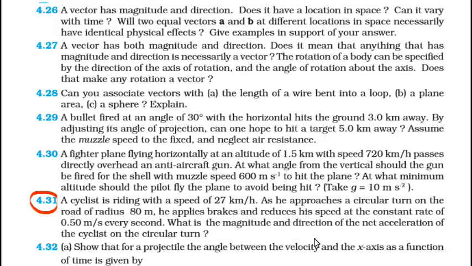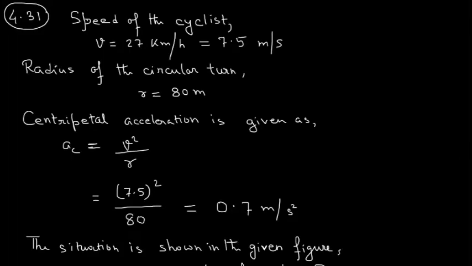As he approaches a circular turn on the road of radius 80 meter, he applies brakes and reduces his speed at a constant rate of 0.5 meter per second every second. What is the magnitude and direction of the net acceleration of the cyclist on the circular turn? Speed of the cyclist v is equal to 27 km per hour, 7.5 meter per second.